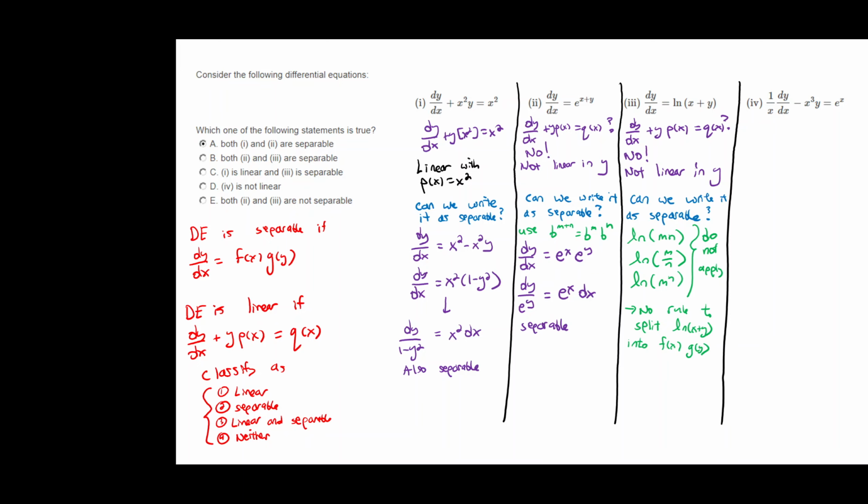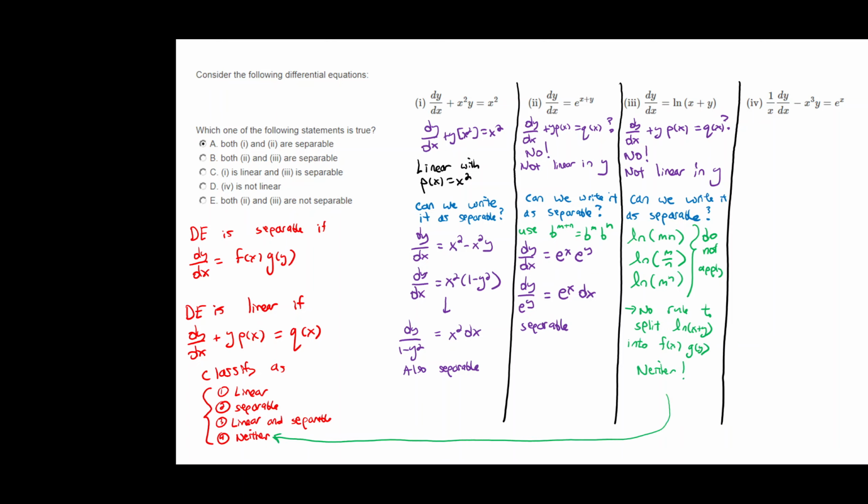If it was ln of x to the power of y, we'd be set. We'd just bring the power down in front, and we'd have a function of x times a function of y. So it's neither. Not linear, not separable.